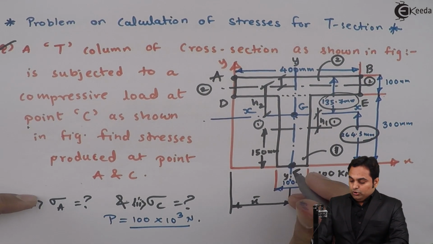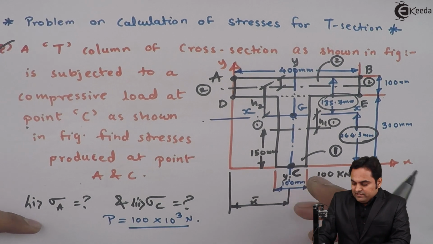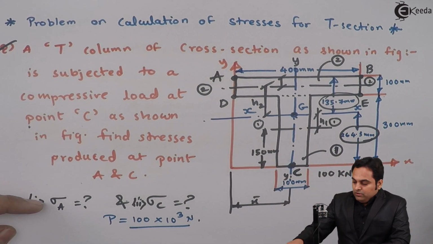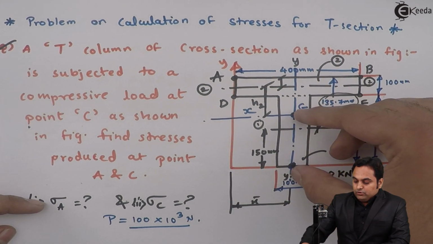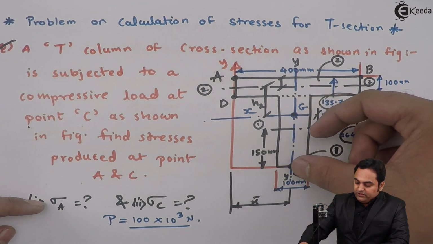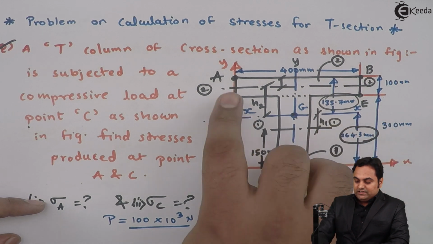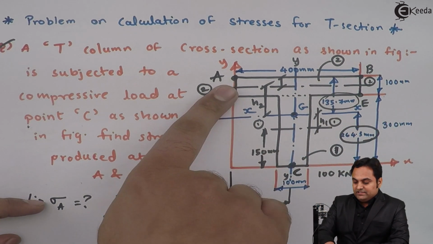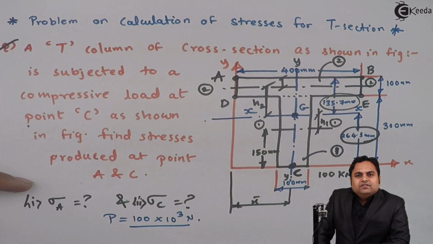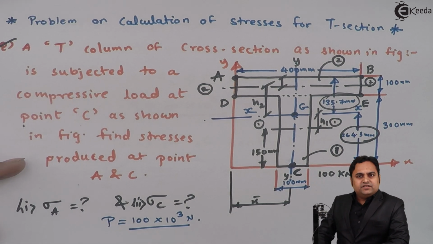The reason is that the load is at point C and it is a compressive load. From point A, the load is located at some distance. So when the load is acting, C is going to get compressed, whereas A would be lifted. So there is tensile stress at A, and in this chapter we take tensile stress as negative.